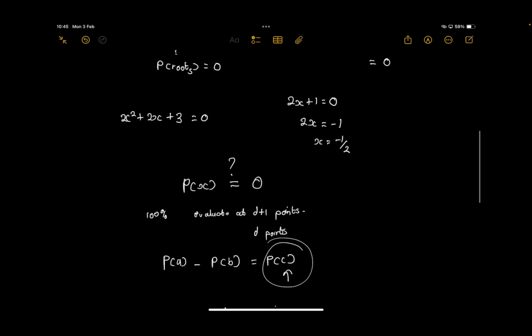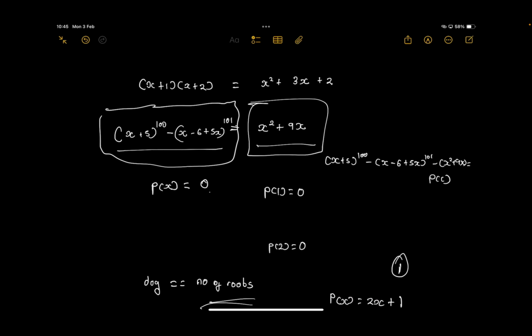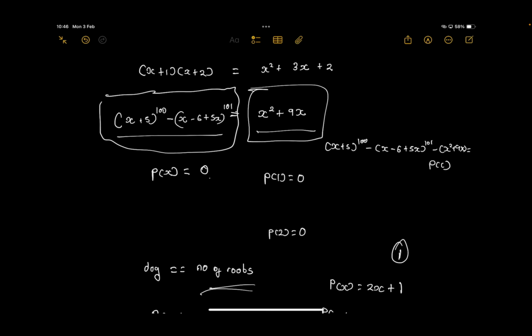The degree might actually be the same. You don't know that. When you simplify this, it might simplify down to the same degree as the other one.